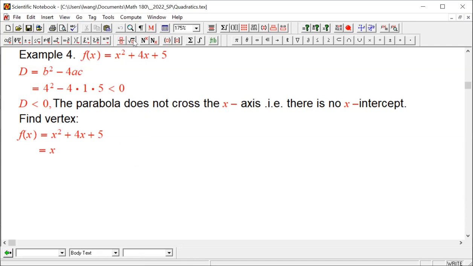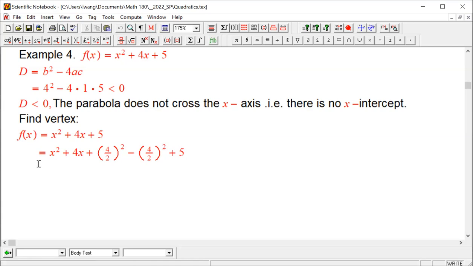Okay, so I got x squared plus 4x, and I'm going to take the 4 divided by 2, square it, and subtract this number. So I'm adding 0, and then still attach my 5. We don't want to forget that.